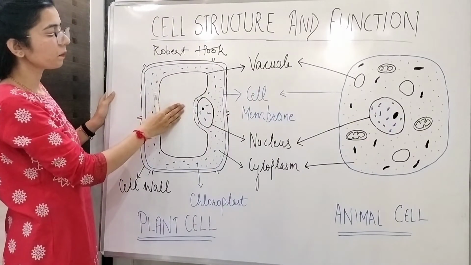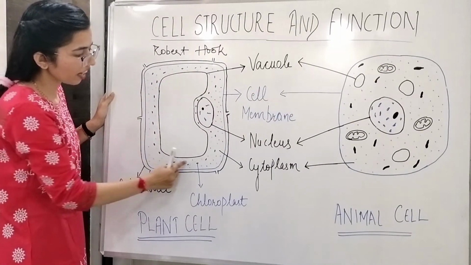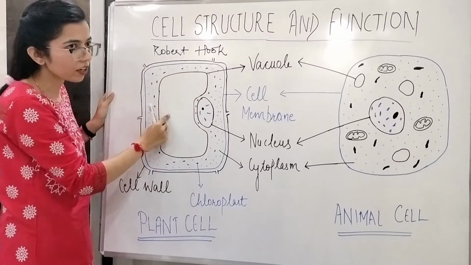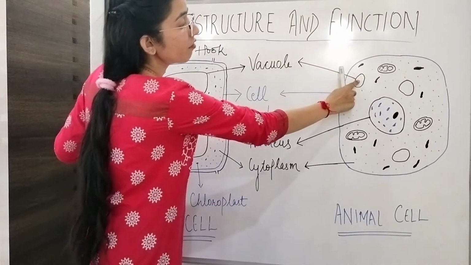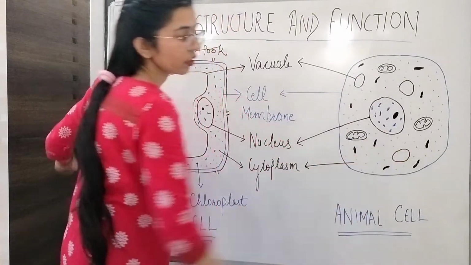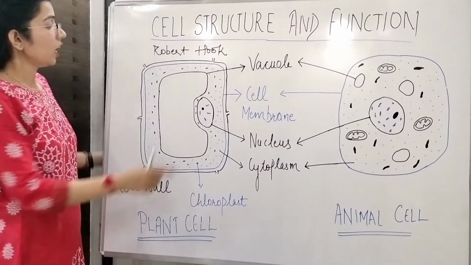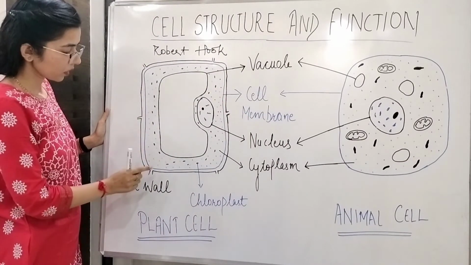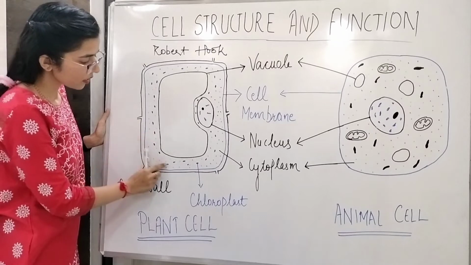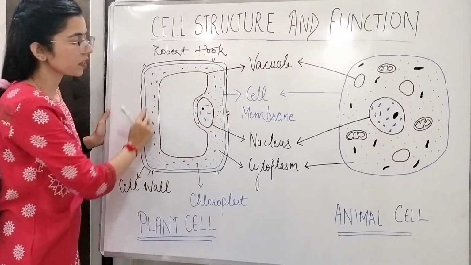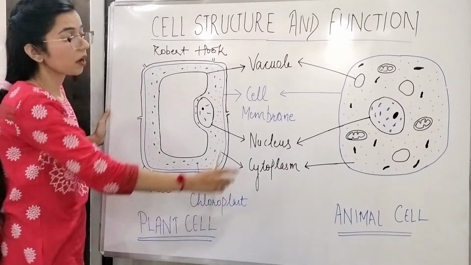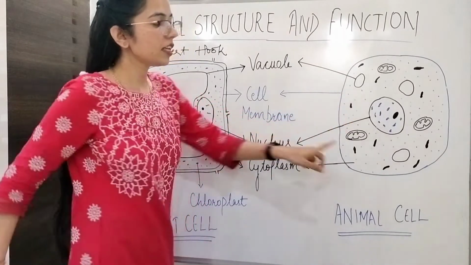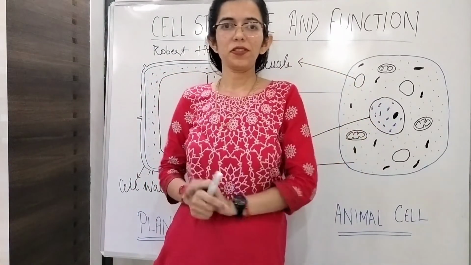In plant cell you can see the vacuole size is very large, but in animal cell vacuole size is smaller. Okay, in plant cells you can see green colored plastids are present which are known as chloroplast, but in animal cell these chloroplasts are absent.